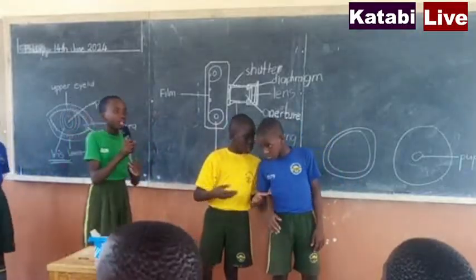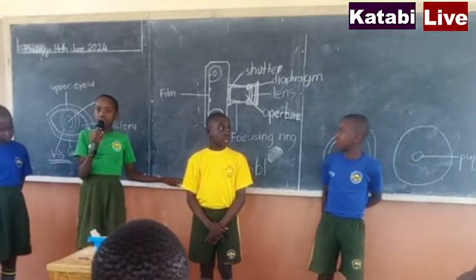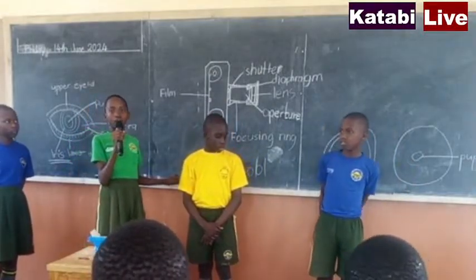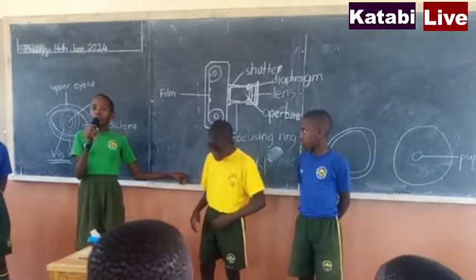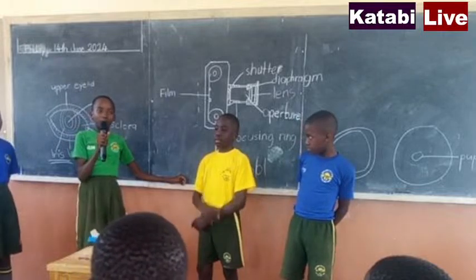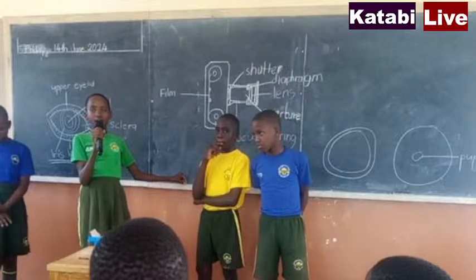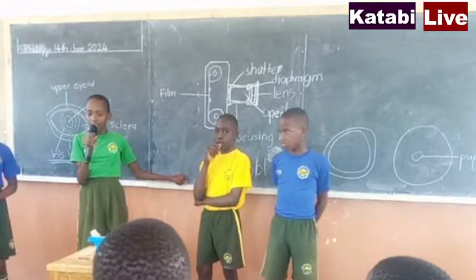In the lens camera, we have the camera box that has the similar function as the eyeball in the human eye. In the lens camera, we also have the shutter that has the similar function as the iris in the human eye.